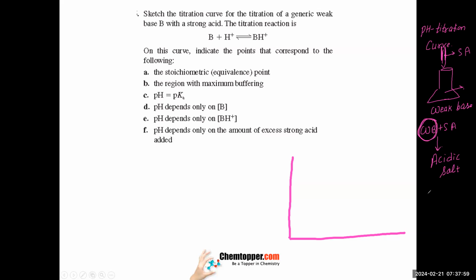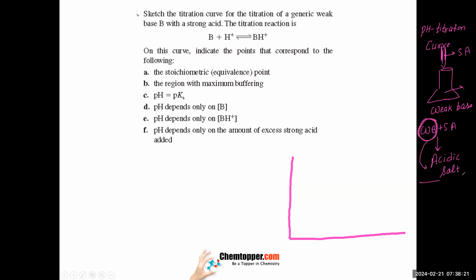Okay, I think Lisa, Aditi were answering correct. Sanjana was answering it correct. So a weak base is going to give you an acidic salt. So at the equivalence point, why am I doing this? Because I want to know my equivalence point is at pH 7, less than 7 or more than 7, right?